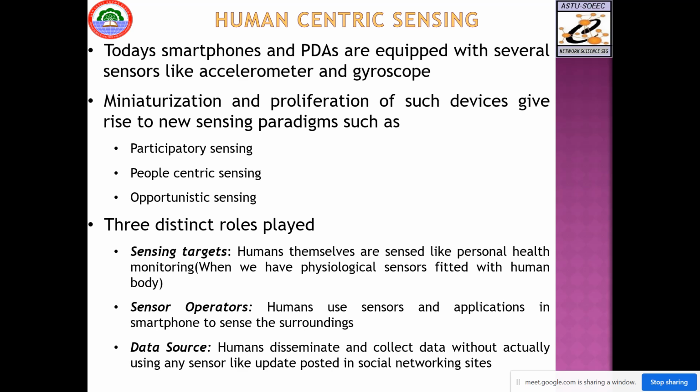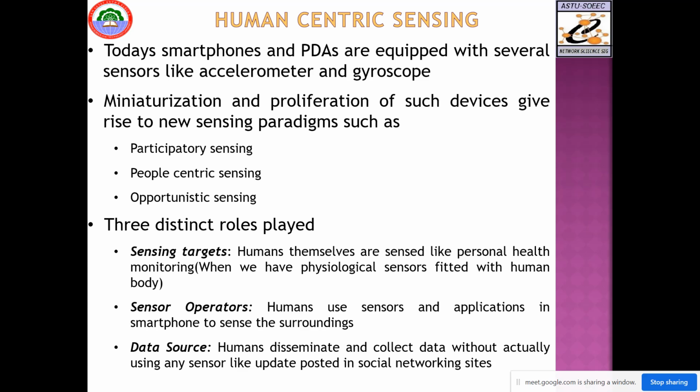And the sensor operators can be running indirectly behind that particular human intervention. Let us assume that our mobiles have various applications. These applications are internally connected with the sensor, so that once the sensing is done, the signal is sent to the application.